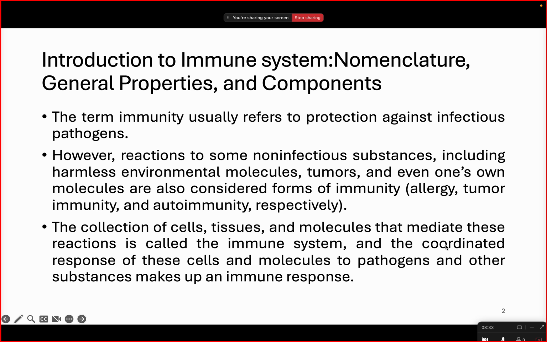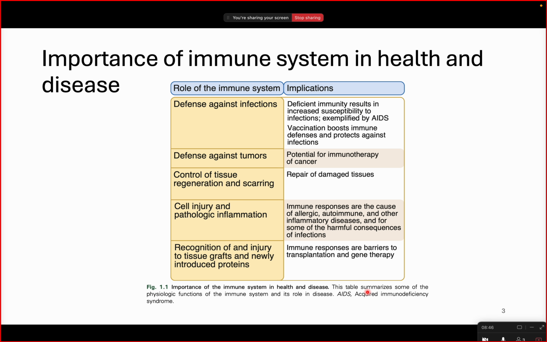Now you know why we are calling it a coordinated response, right? Because at every single step there is crosstalk, there is communication, there are sequential events which need to take place to call it an immune response. Then we saw the importance of the immune system: defense against infections, which we saw in the majority of our classes, and defense against tumors.